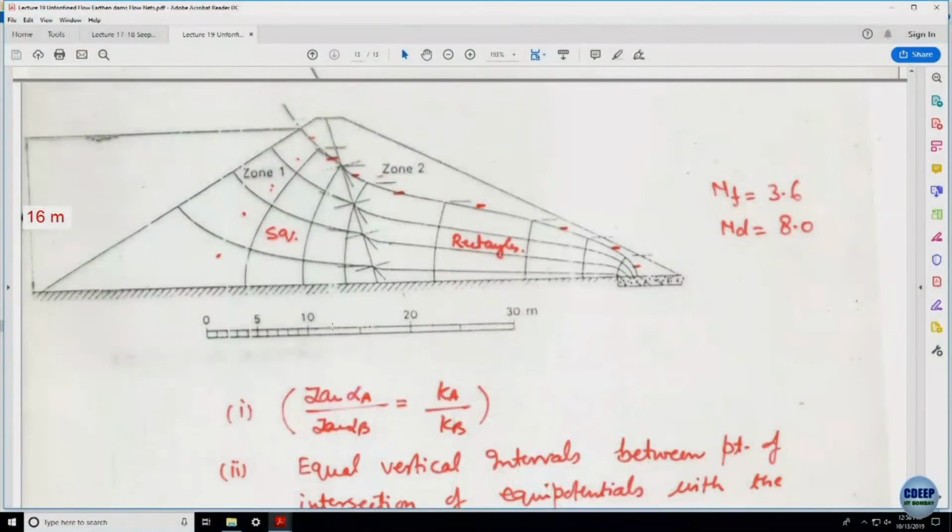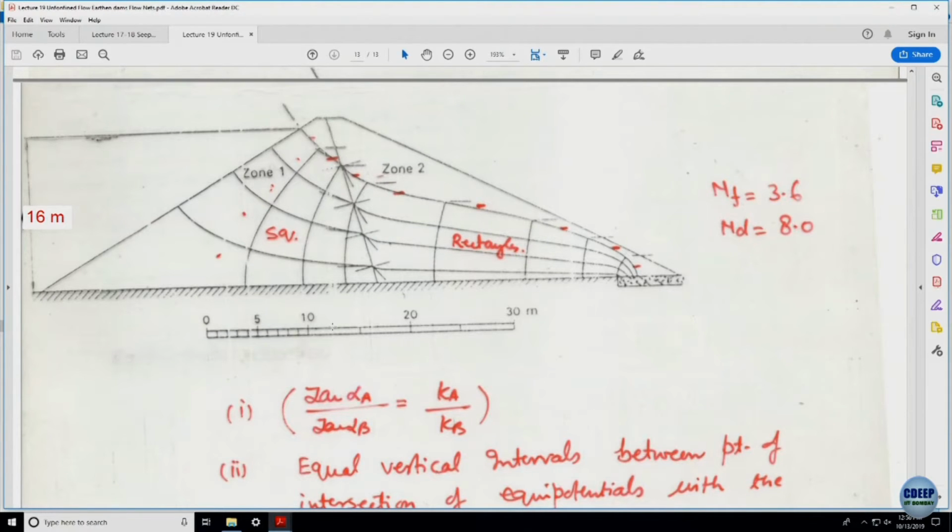Flow channels will remain same, 3.6, 1, 2, 3.6, the same thing is going to enter into this also. Number of drops will not get affected because of the hydraulic conductivity. I hope you agree with this, because number of drops have nothing to do with the permeability of the material, they follow the geometry.